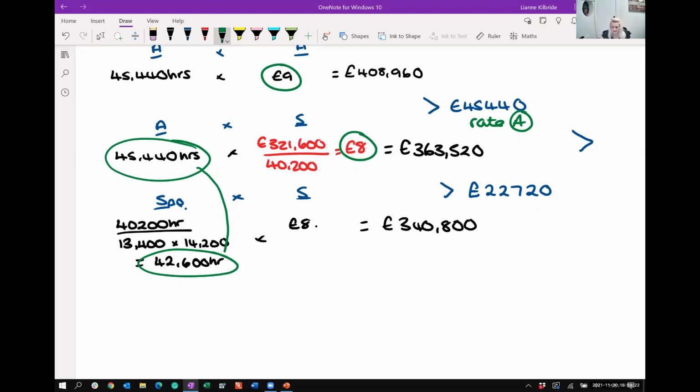We are saying that if we're to make 14,200 units, we should expect our staff to work 42,600 hours, but they haven't. They've actually worked more to make those 14,200 units. So we've ended up spending more as a business. So the staff have not been as efficient as we wanted them to be. So this is the efficiency variance, and again, that becomes adverse.